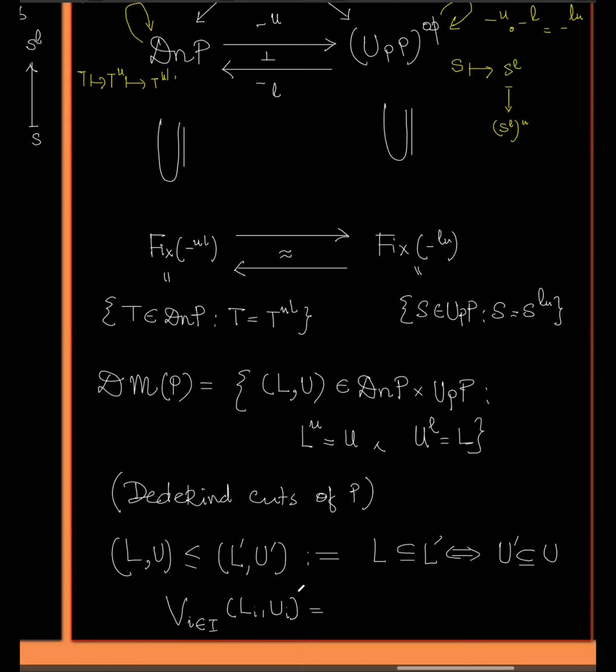These are downsets, so you take the joins of this and you take the meets of this, the infimum of this, and that becomes your required element.